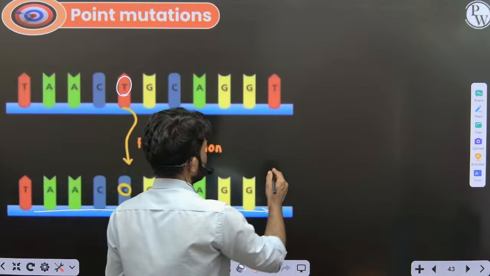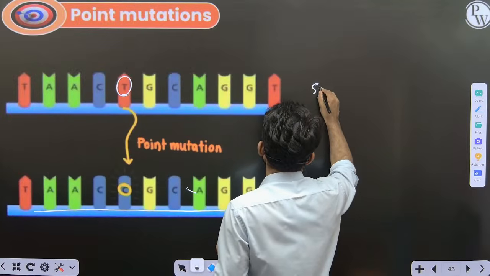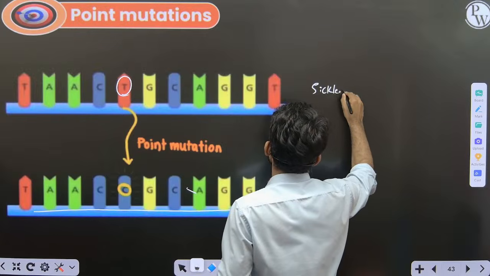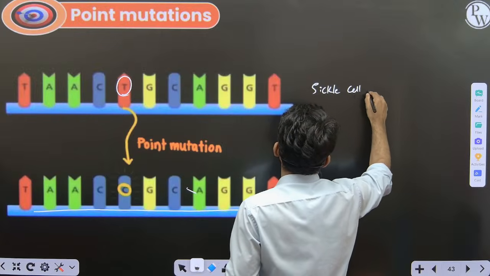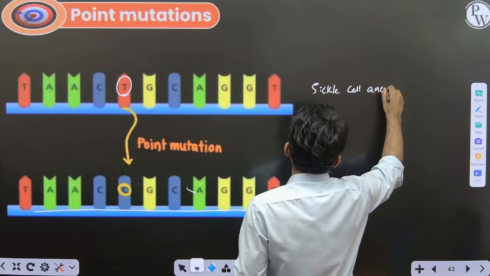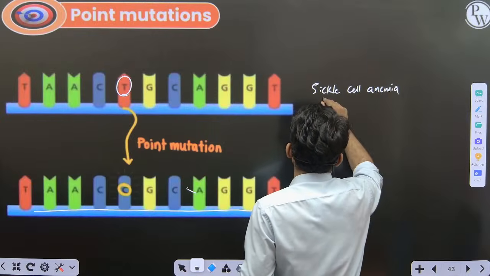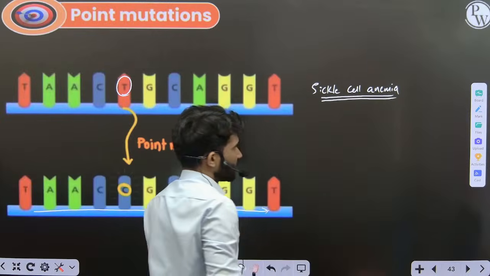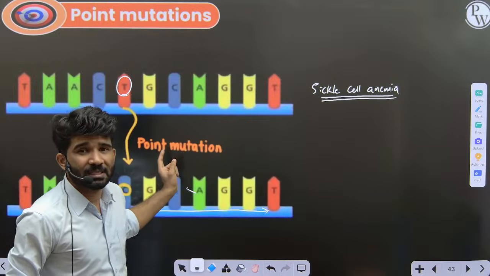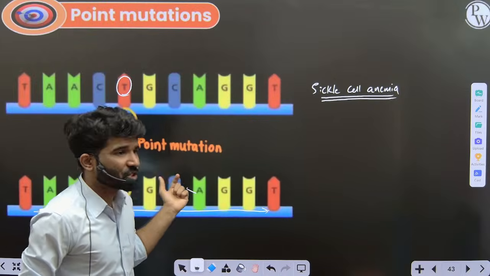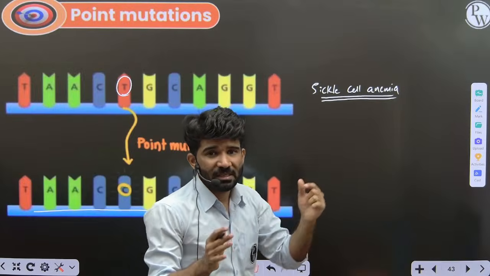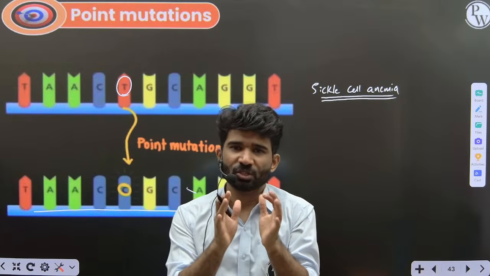One example that we are going to study is sickle cell anemia, a genetic disorder which is an example of point mutation. RBCs are generally round, disc shaped and biconcave.